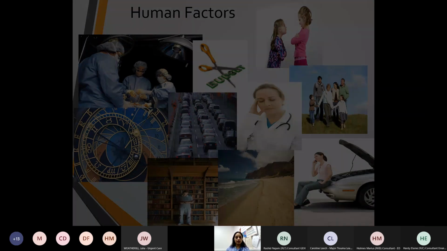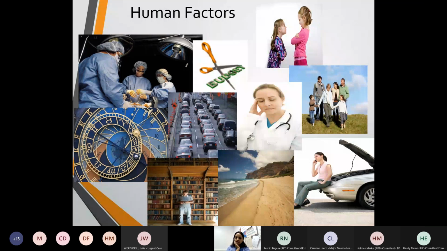So we cannot finish this talk without touching on human factors, because all of us come to work with our own baggage, if you like. In the one case that I was telling you, we had a midwife who was probably not feeling herself that day, and we had to recognize that by working with her, because we had to intervene and overcome what she was doing.